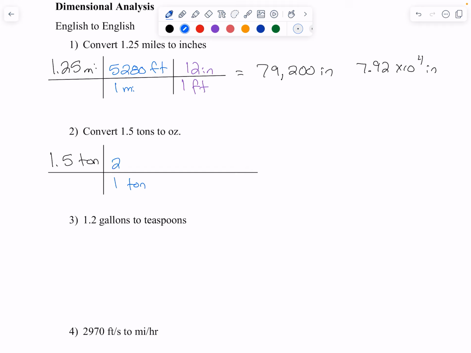But there's 2,000 pounds in a ton. And then we have 1 pound is 16 ounces. So if we do that, we get 48,000 ounces, which 4.8 times 10 to the 4th ounces would probably be a better way to report that number.